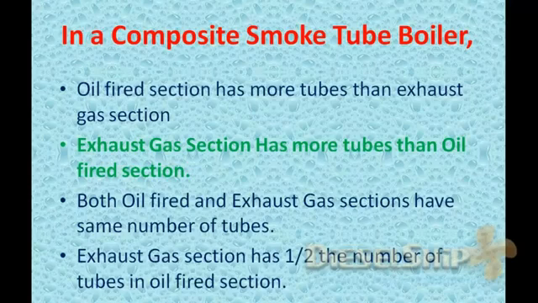So the temperature gradient is from 300 to 180 or 190. The amount of heat available in the exhaust gas is very small when compared to the oil fired section, where the combustion temperature reaches more than 1000 degrees Celsius. So choice 2 is the right answer.